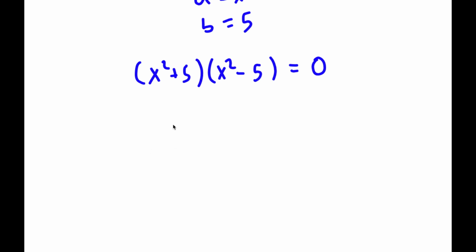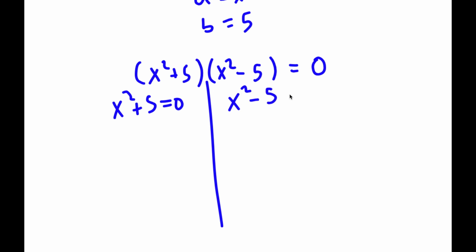So now this gives me two equations. I have x squared plus 5 is equal to 0, and I have x squared minus 5 is equal to 0. So let's first start with x squared minus 5 equals 0. So to solve this, I'm going to start by adding 5 on both sides.